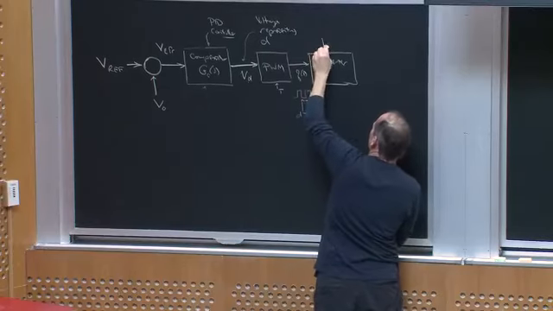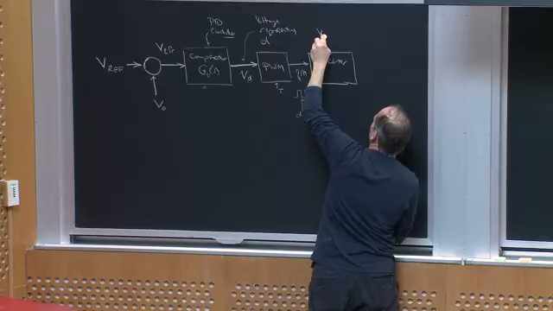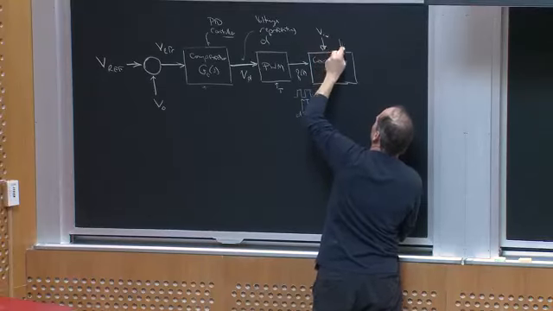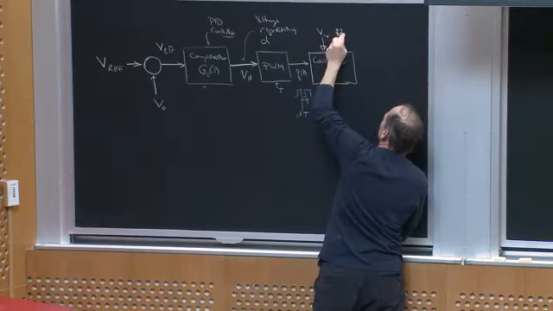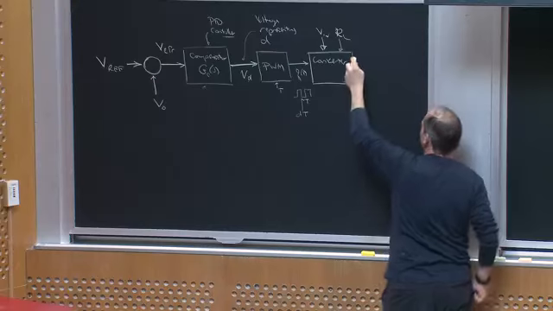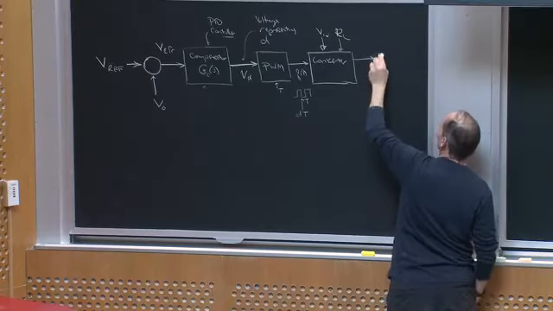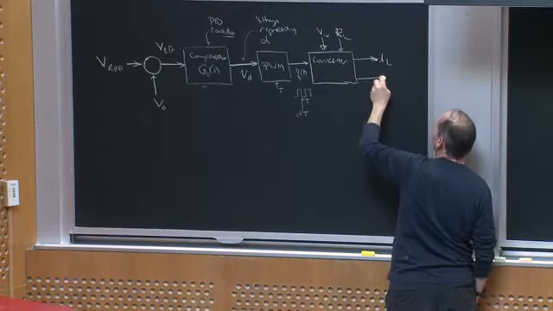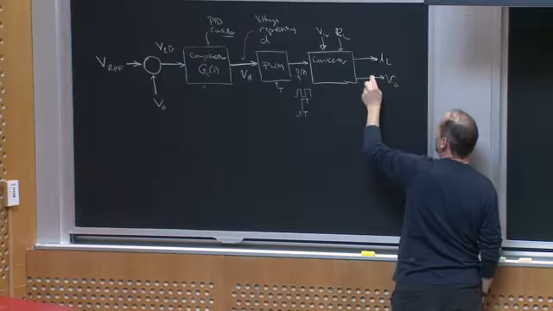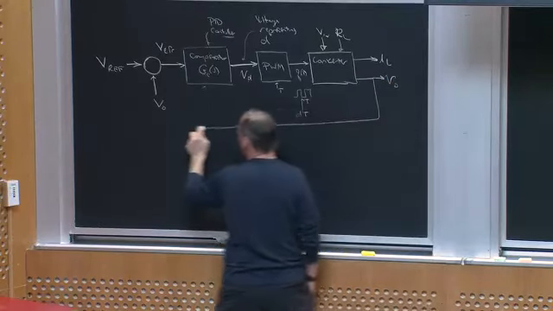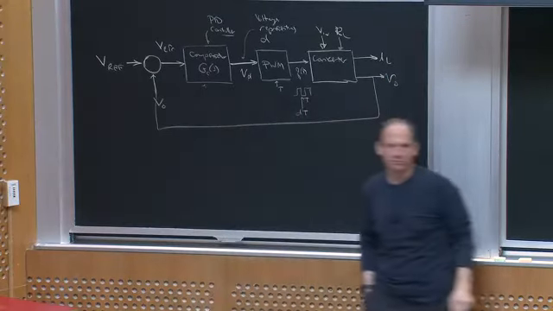Which also, if you think about it, has inputs of Vin, and it's being affected by what the RL is, right? Its state variables are the inductor current and the output voltage, which is also the capacitor voltage, Vout, and that's what I'm feeding back around here.